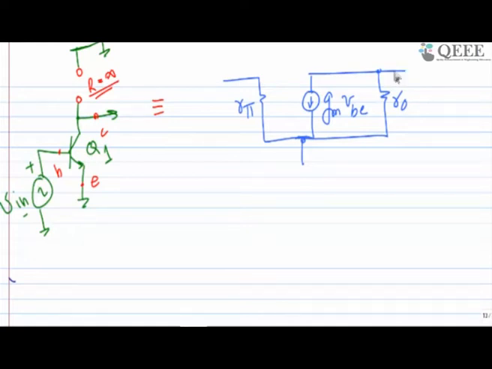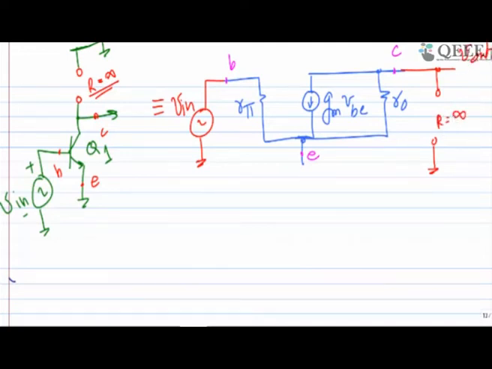So this is collector, this is emitter, this is base. I am applying my input here. From the collector, there is one more branch as output impedance, which is infinite, and I am taking the output from here.